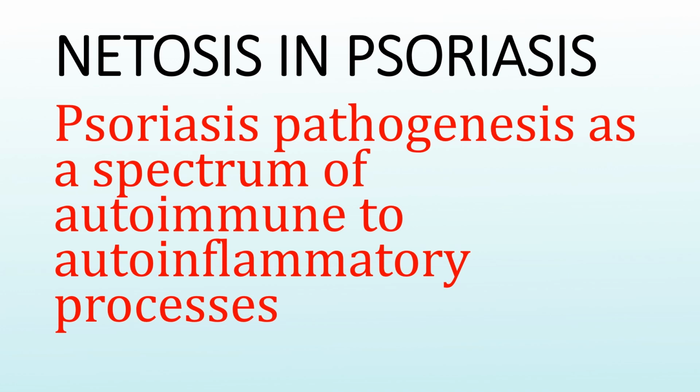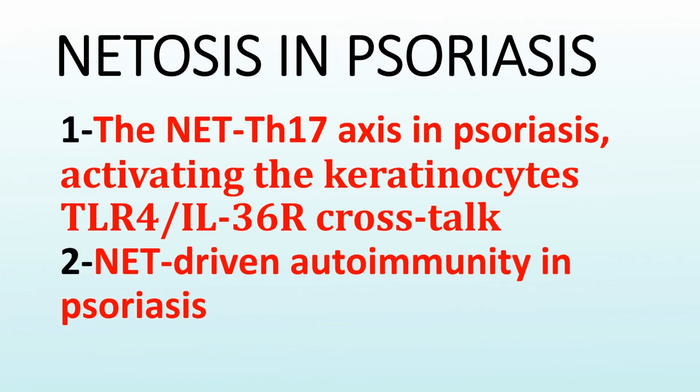And as we know, psoriasis pathogenesis forms a spectrum from autoimmune to autoinflammatory processes. So from the inflammation side, we are going to talk about the net T helper 17 axis in psoriasis and what happens with netosis, and also the activation of keratinocytes by the crosstalk between toll-like receptor 4 and interleukin 36 receptor.